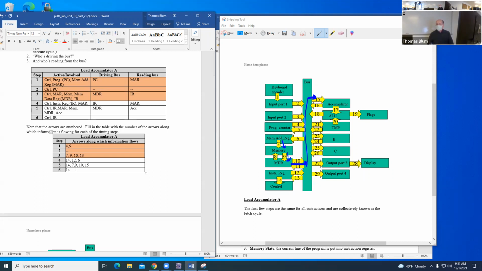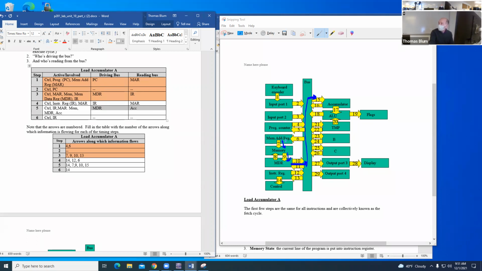So if you follow the flow, it's not too bad. And if you know the little patterns of how you deal with memory, you can usually fake it. There will never be something driving the bus without somebody reading the bus. That doesn't make sense. So there are always two things here. 6 is a one-directional arrow, so the memory address register can read from the bus.